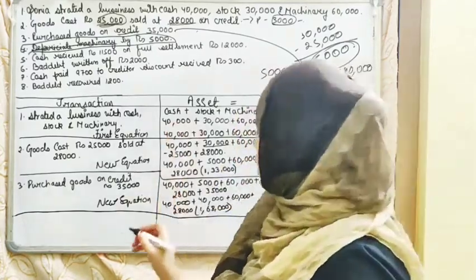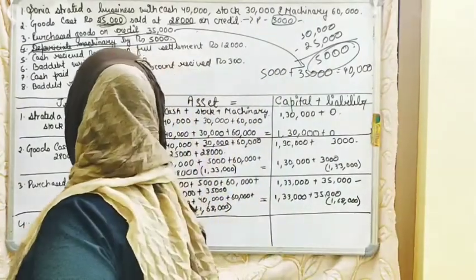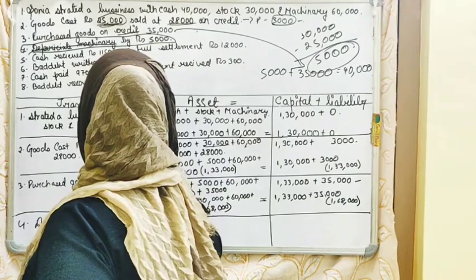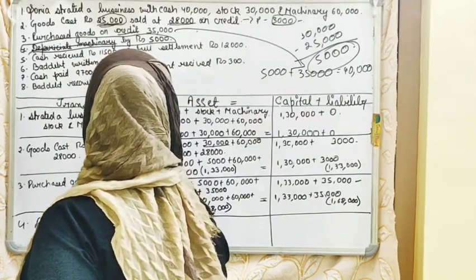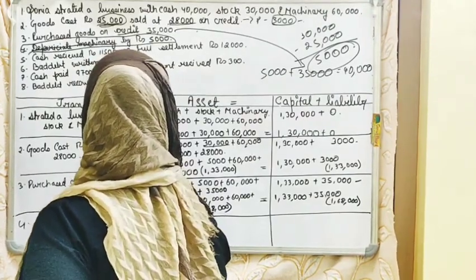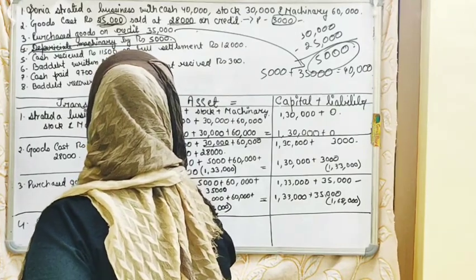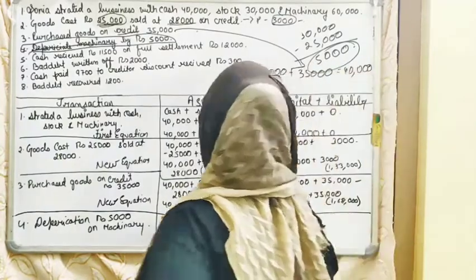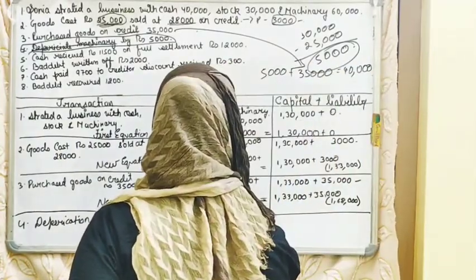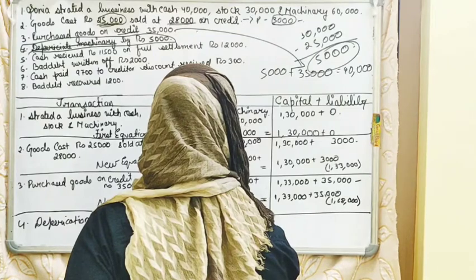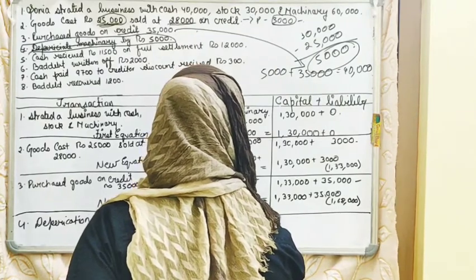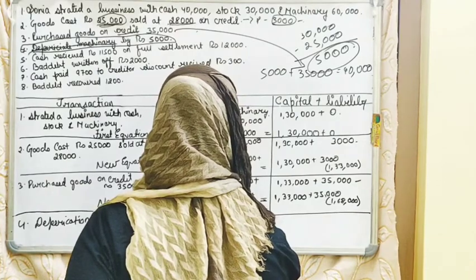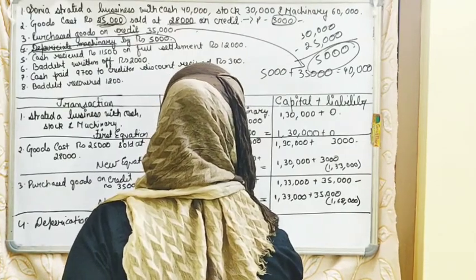So we'll write the fourth transaction, that is depreciation, rupees 5,000 on machinery. So what we will write here, that is 40,000 plus 40,000 plus 60,000 plus 28,000 minus 5,000.